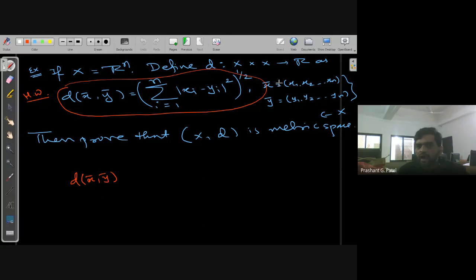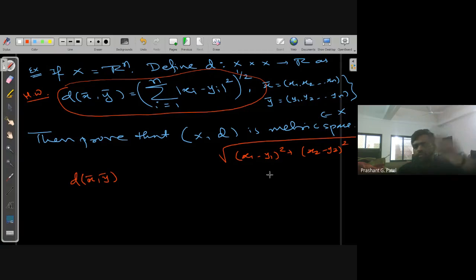In R2, it is actually the distance between two points, (x1 minus y1) square plus (x2 minus y2) square. Suppose instead of n we have R2, then it is the summation with i running from 1 to 2, the whole raised to 1 by 2. So that's why this is the case for generalizing the normal distance into the R^n space.